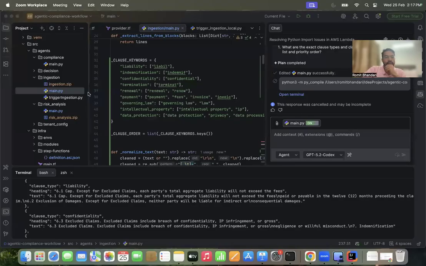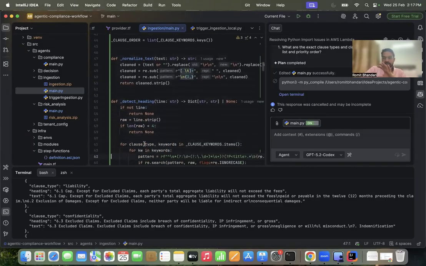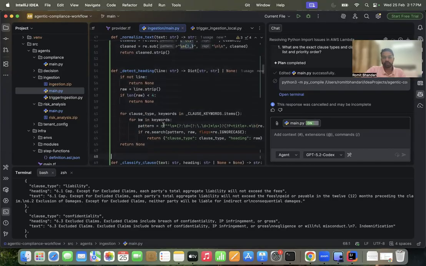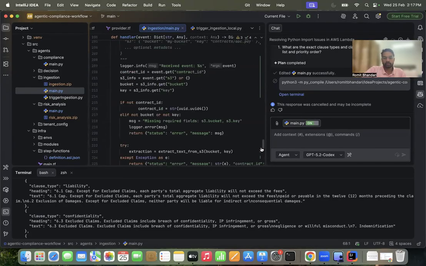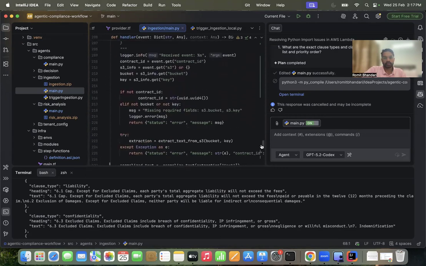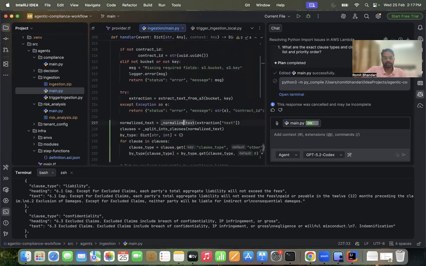So this is the ingestion agent we have now. As you see, a couple of additional steps we are doing here. This is the handler. So we normalize the text. In this we remove the new line characters and white spaces.